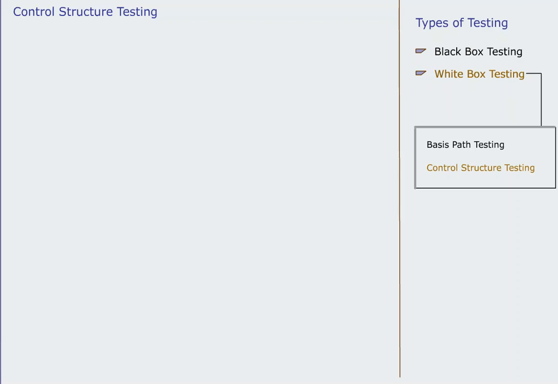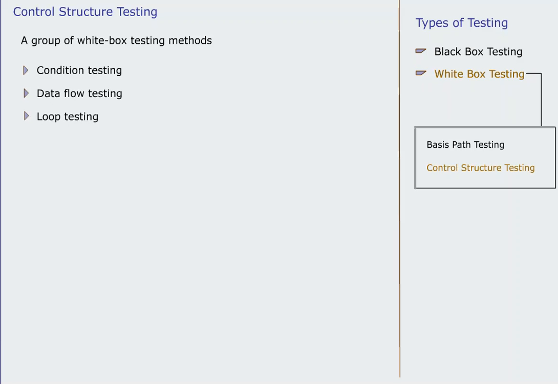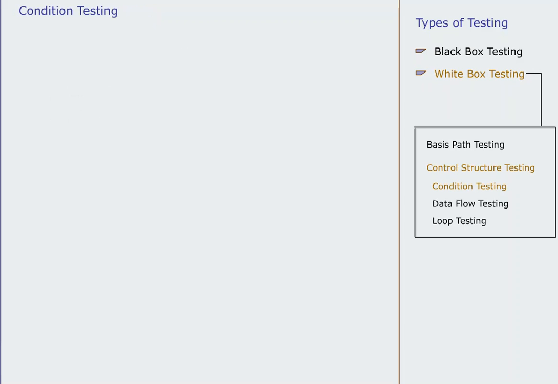Control structure testing is a group of white box testing methods. It includes condition testing, data flow testing, and loop testing. Condition testing focuses on exercising the logical conditions in a program module.